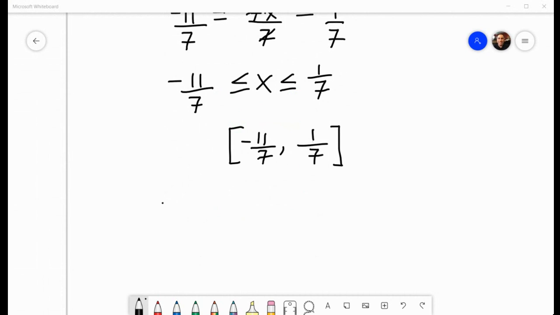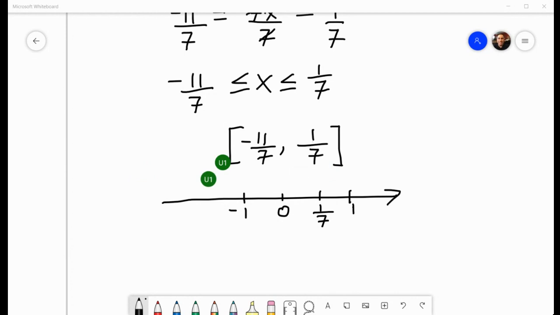Now we can graph it for fun. So here's 0, 1. 1 over 7 is between 0 and 1, so I'm marking that down. Negative 1, negative 2. Negative 11 over 7 is between negative 2 and negative 1.